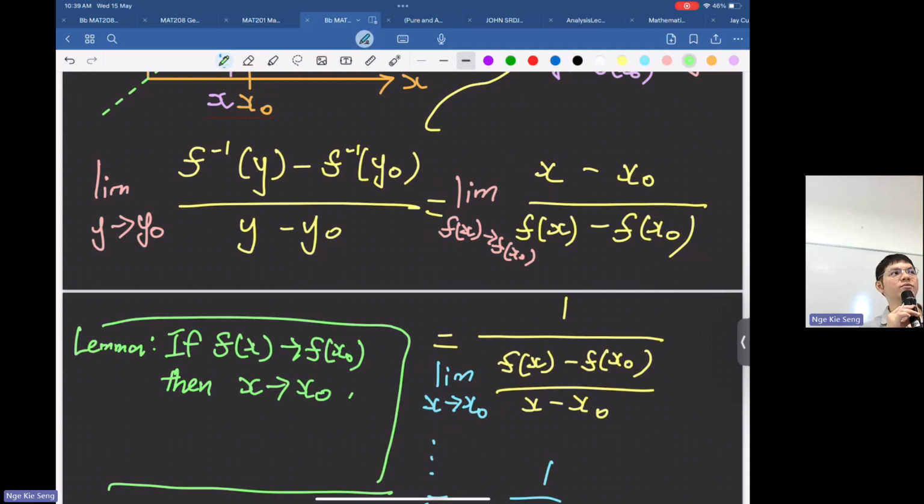Inverse exists for x. What do you mean? Say again.